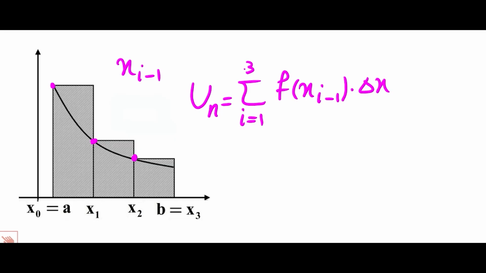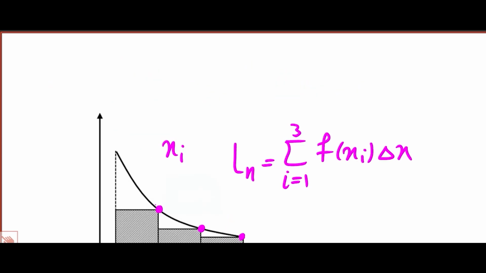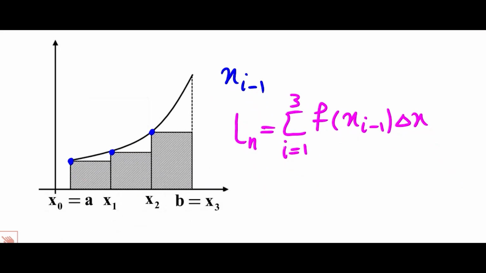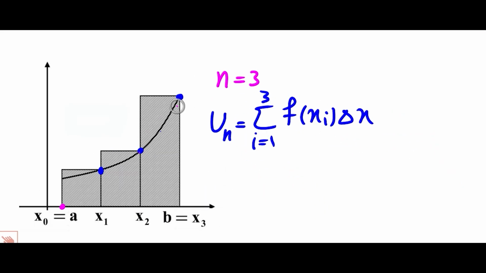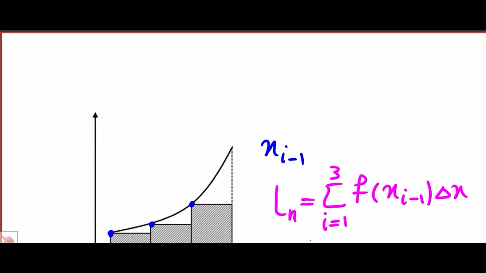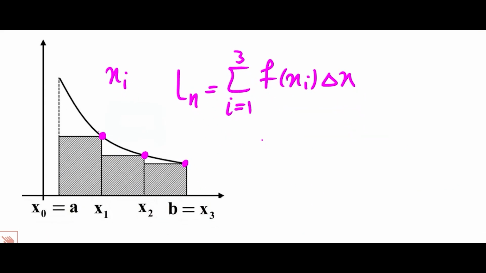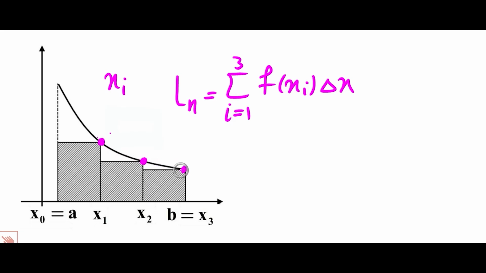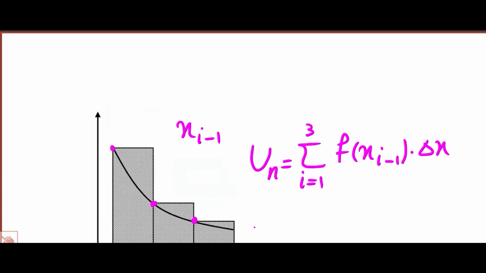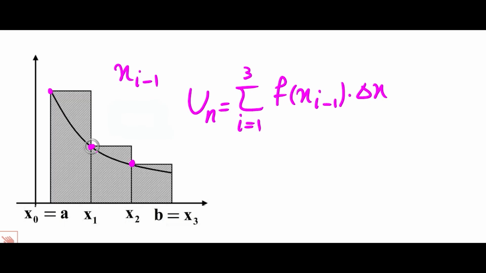To conclude, we can see a clear pattern. For an increasing function like this, left endpoints give the lower sum and right endpoints give the upper sum. And for a decreasing function like this, right endpoints give the lower sum and left endpoints give the upper sum.